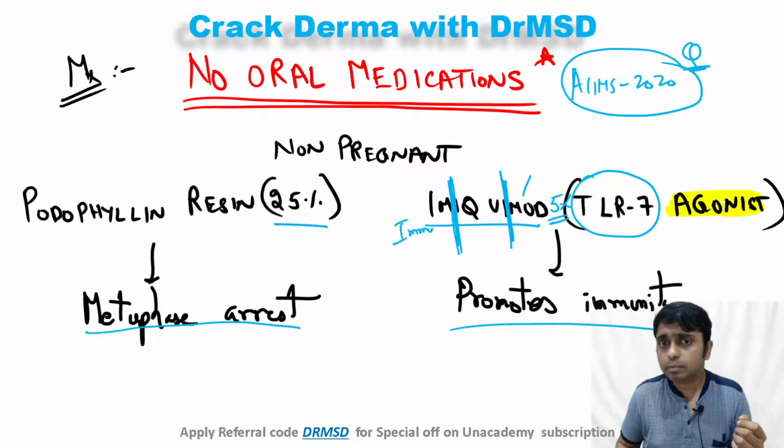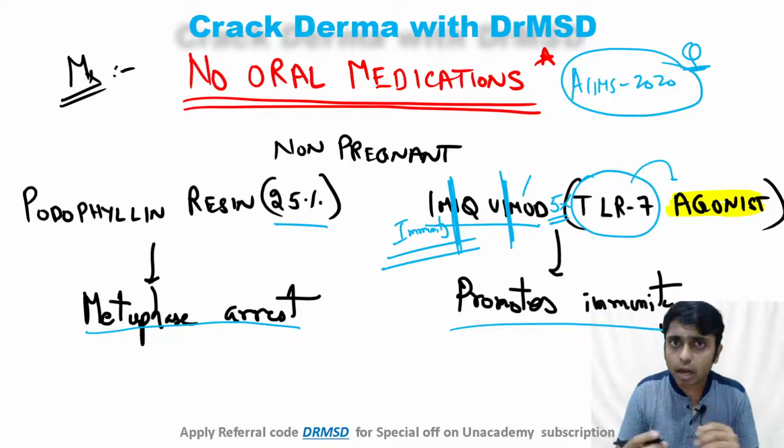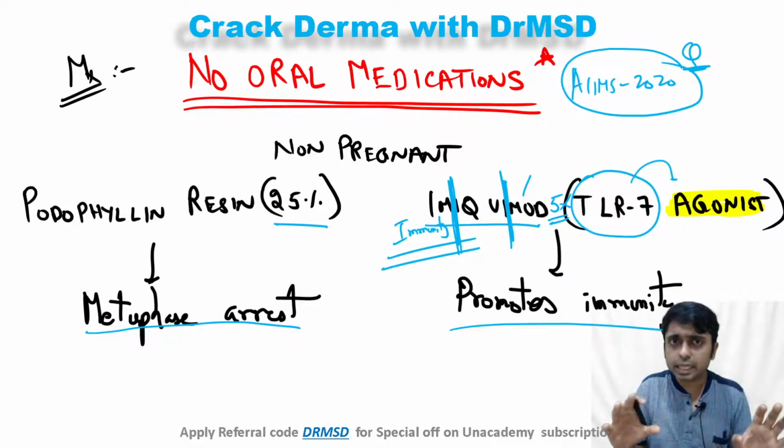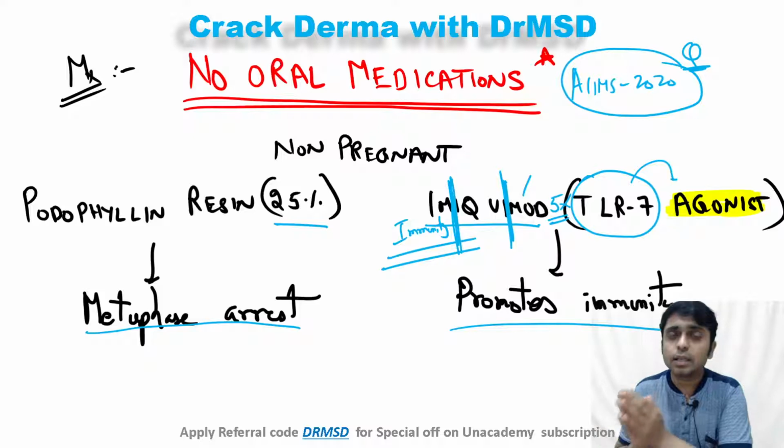And what does it modulate? It is going to increase the immunity of the patient by having agonist action at toll-like receptor 7, thereby causing release of cytokines like interferon alpha, tumor necrosis factor alpha and interleukin 6. Because of all of these, the patient's own immunity will get activated and it will try to kill the human papilloma virus.